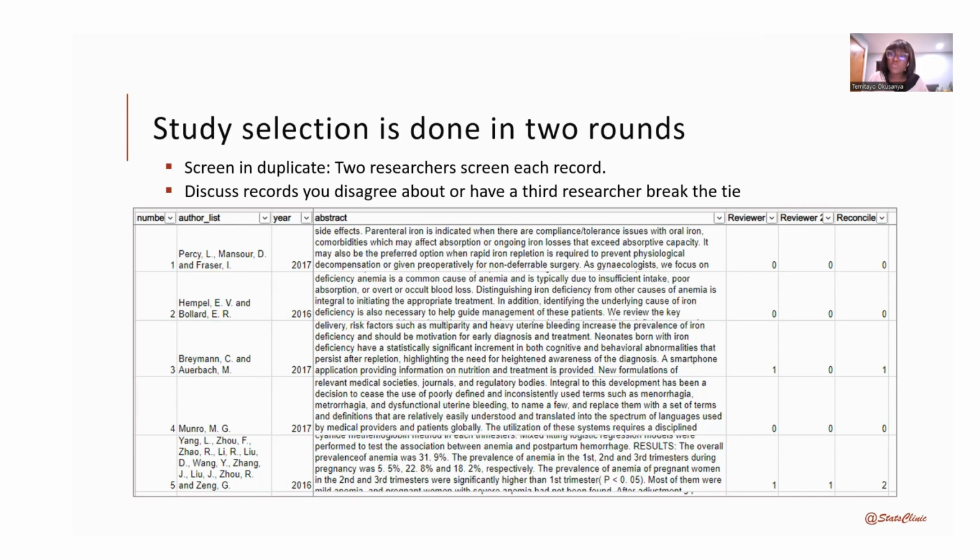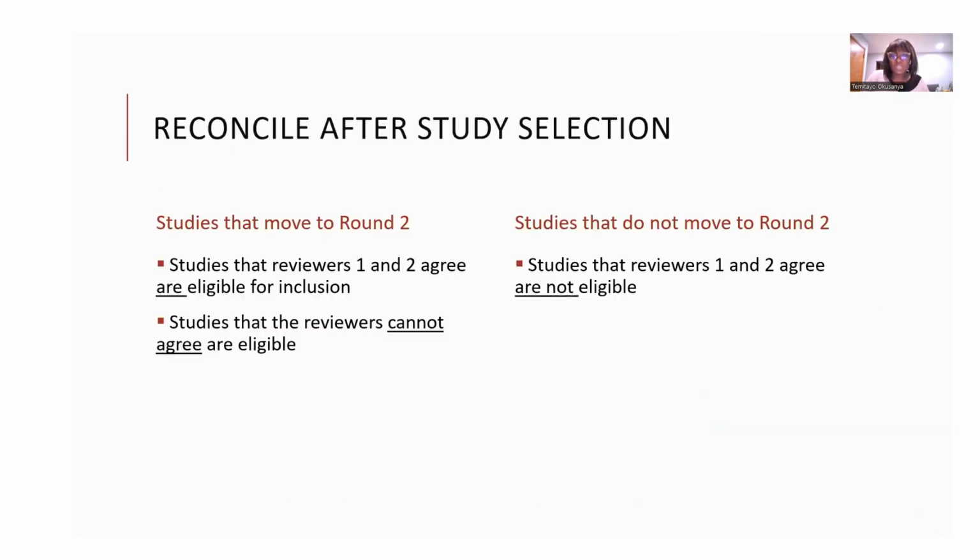Now, when we've both done that, we move to a place called the reconciliation stage. This would be that at the end of the day, if I said yes and you said yes, that is final in our flow chart, a confirmed paper that we'll be working on for this meta-analysis.